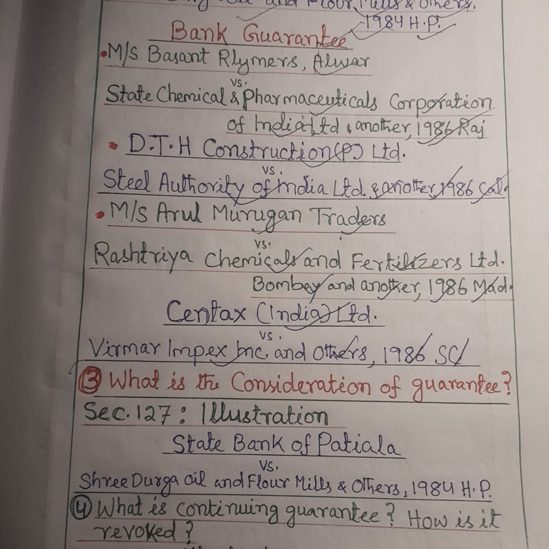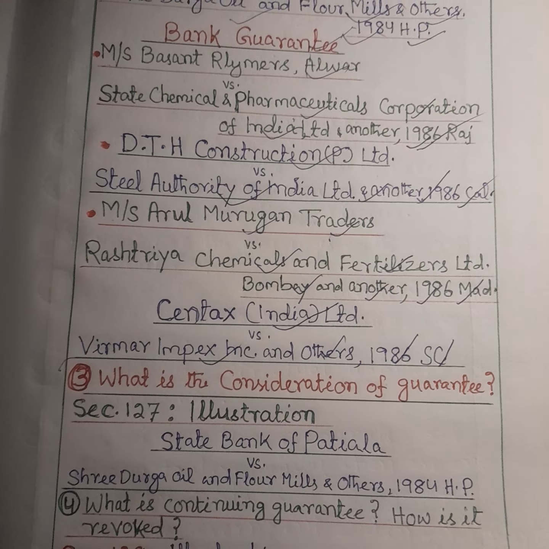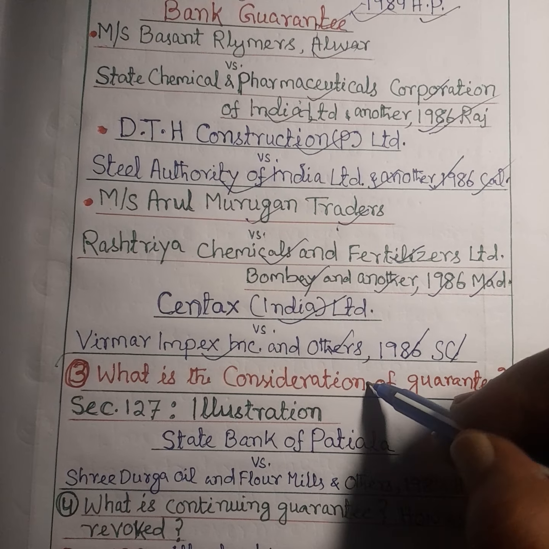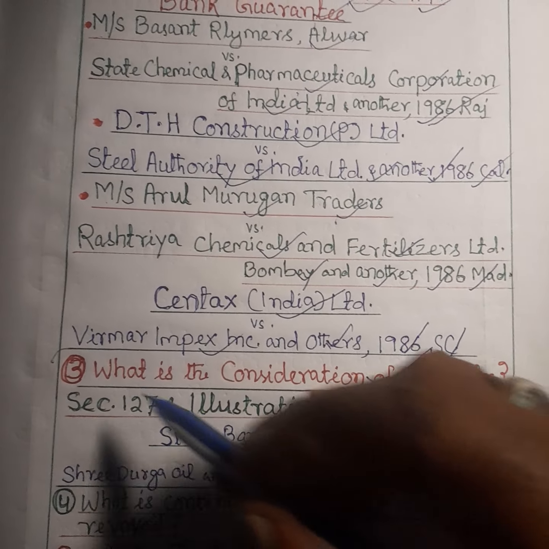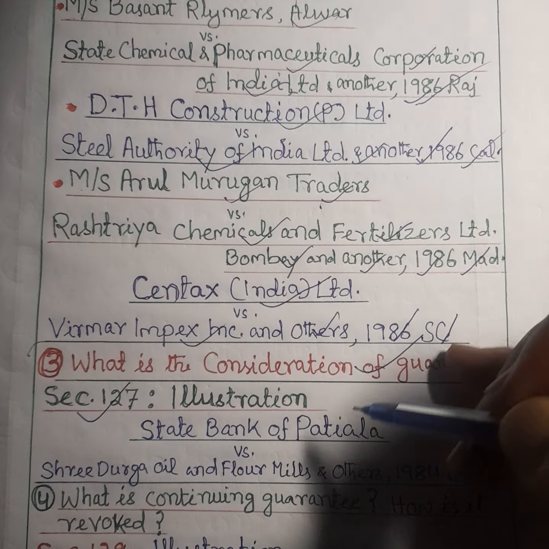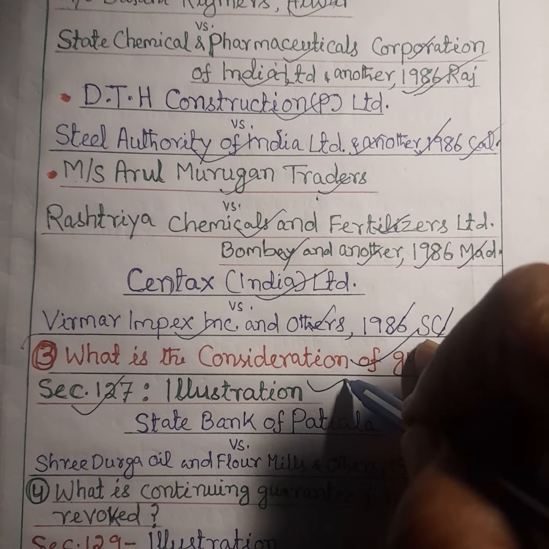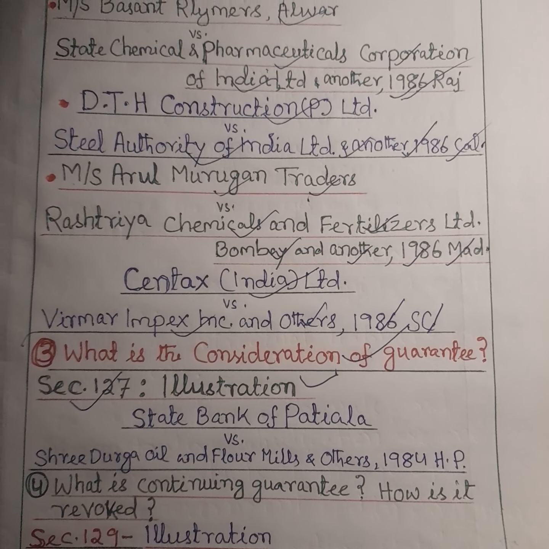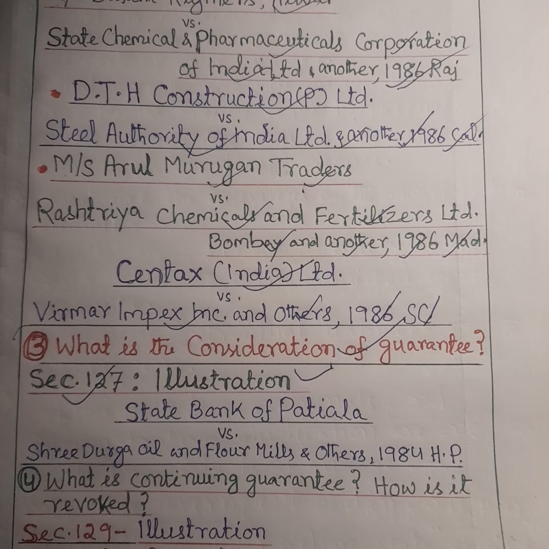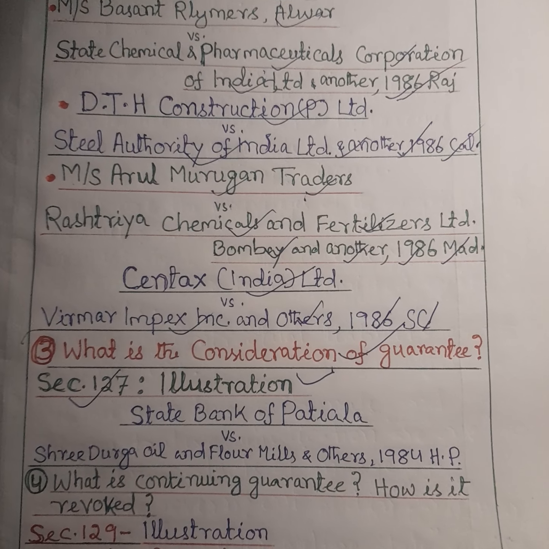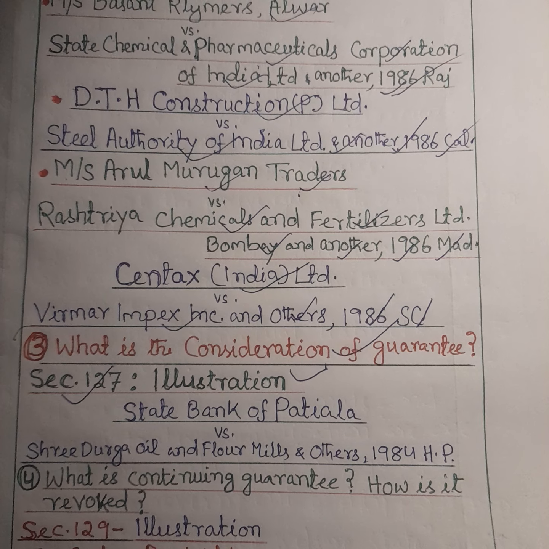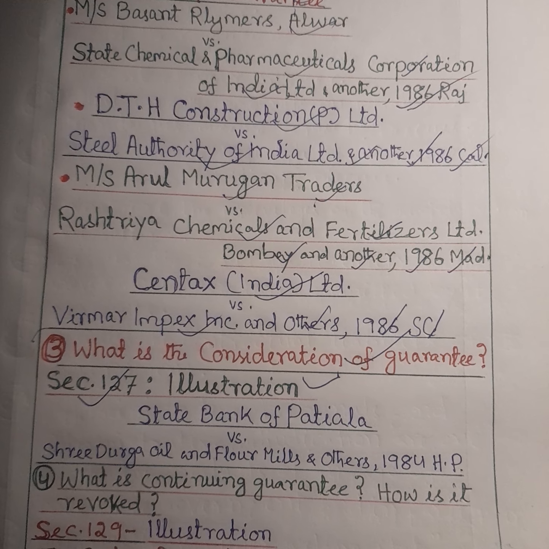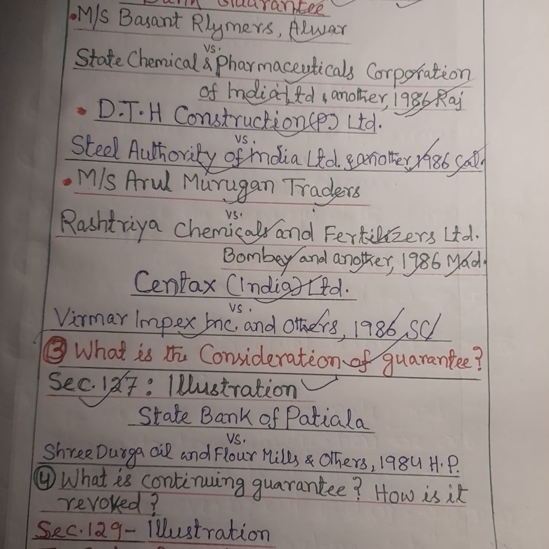And in our question number 3, that is relating to what is consideration of guarantee, which is provided under section 127 with illustration. So, the very consideration of guarantee as provided under section 127, as we have already seen that a contract without consideration is void, so is the case with a contract of guarantee.